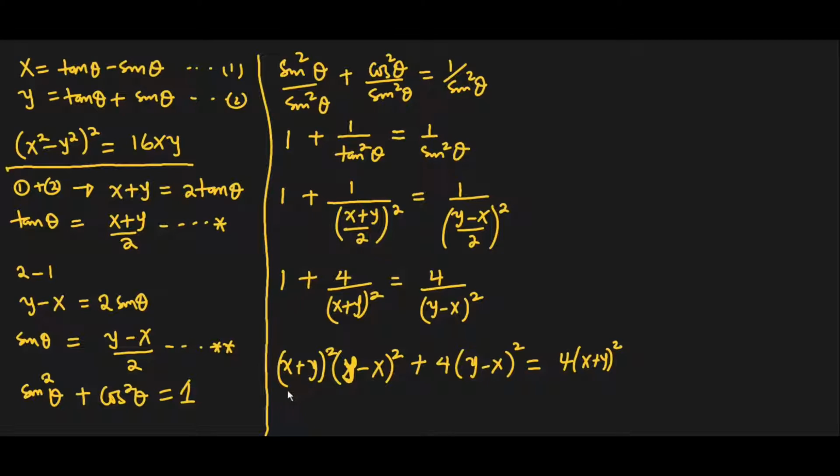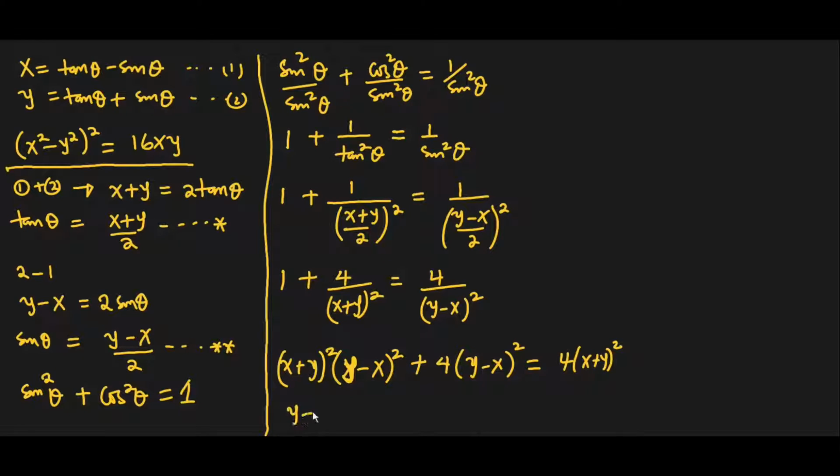So from here we observe that a square of y minus x can be the same as x minus y, since it is a square, or we can just alternate these two to be y plus x.